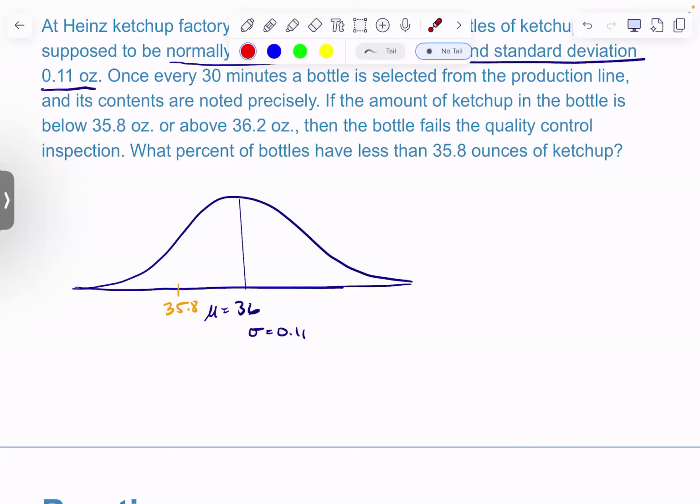And I like to give myself enough space, so it's just to visualize this thing. So here, these guys are all underfilled.